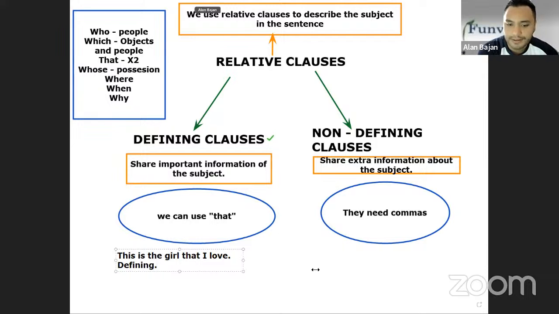This is a defining clause, right? But I cannot say the following.